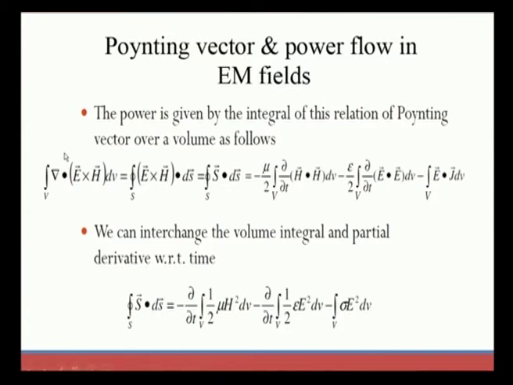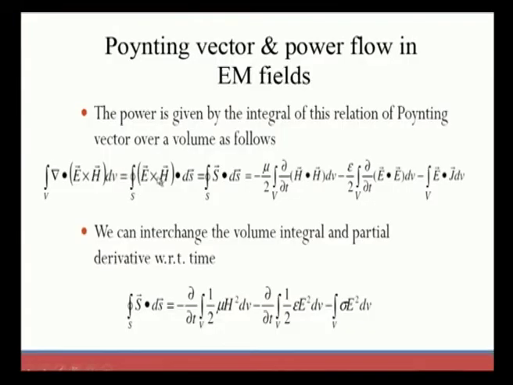Next we move on to the power, which is given by the integral of this Poynting vector relation over a volume. The power at a point is what we previously derived, but power is actually concerned with the total volume, so now we need to derive the same equation for the whole volume.